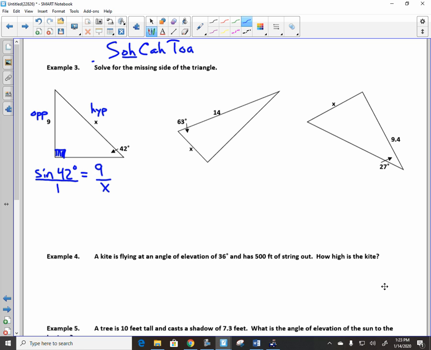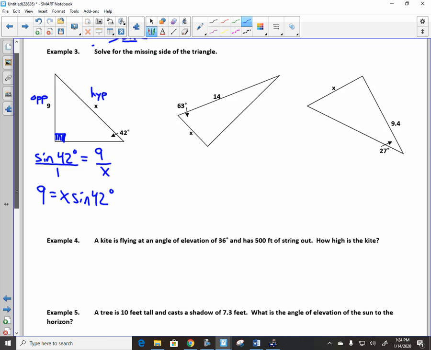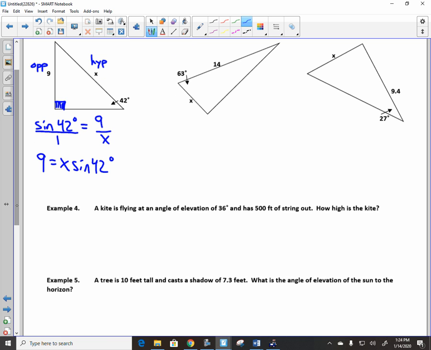And I'm just going to cross multiply. 9 times 1? 9 equals x sine of 42 degrees. Sine of 42 is just a number. What would I do with the sine of 42 in order to solve for x? I would divide it.